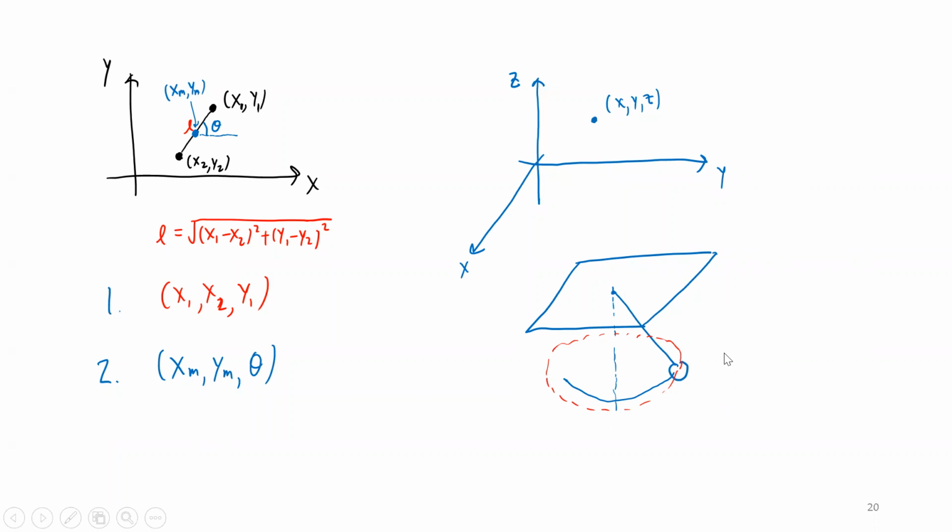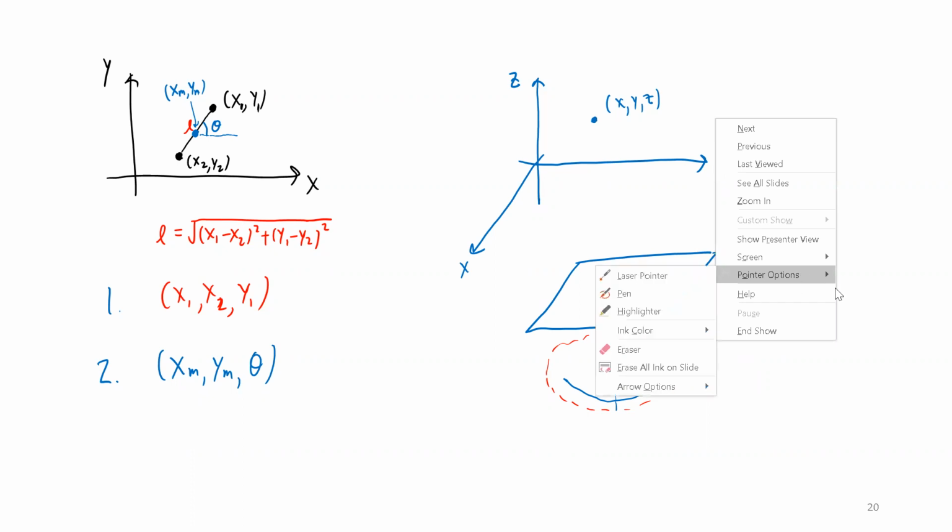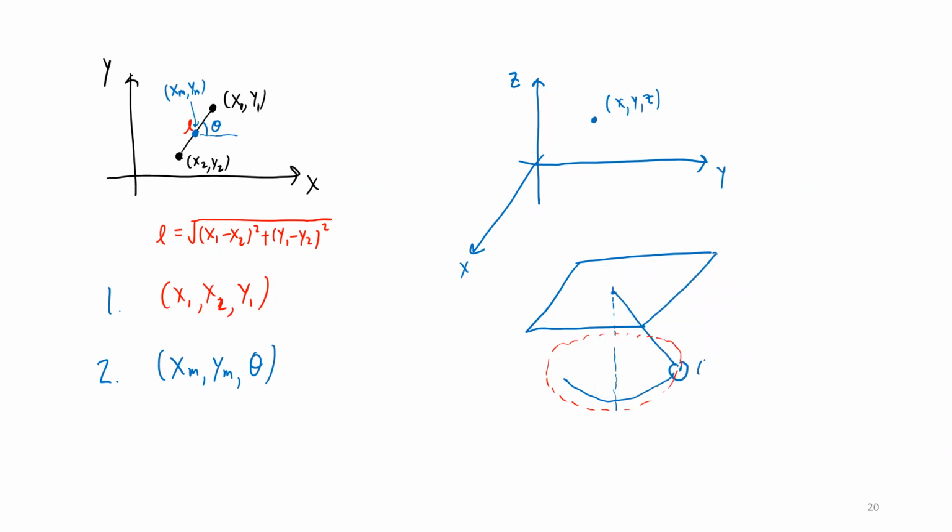So in this case, what coordinates do you think would be convenient to describe this problem? Again, you can do X, Y, Z. You can still use X, Y, Z, but this time I have a constraint.